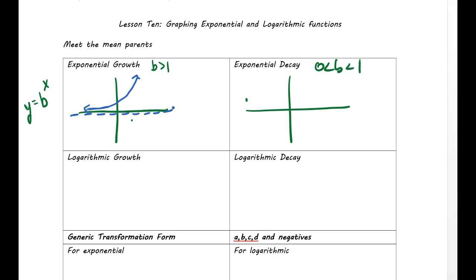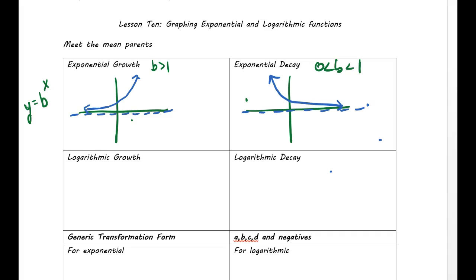It's that invisible line that you are getting really close to, but you'll never actually touch it or cross it. Now, an exponential decay has the same kind of shape, except it goes down. Because if you're decaying, then you're decreasing. And that's what it's going to look like. And we're going to have the dashed asymptote here as well, okay? So that's kind of how those parent functions look.